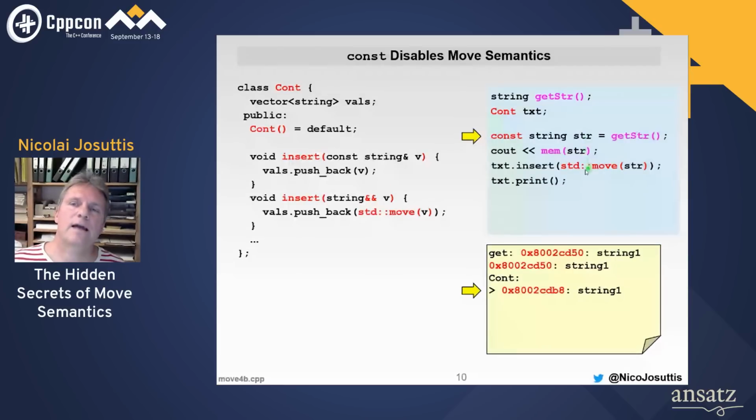So if it's not const, the move would have an effect. And if it is const, the move will just be ignored, and the fallback mechanism of move semantics will be used. That means we fall back to copy semantics, which is implemented here.